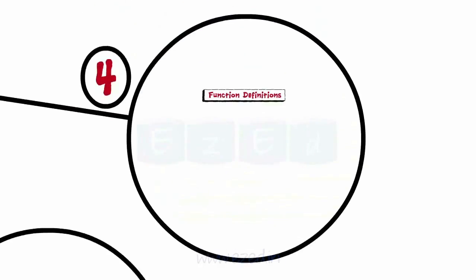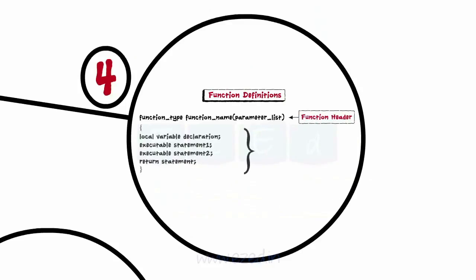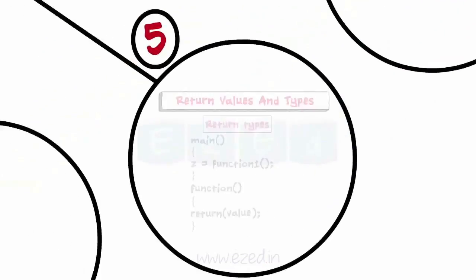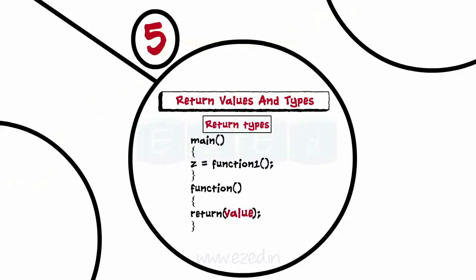A user-defined function consists of a function header and the function body. The header consists of the return type, name, and the argument list, while the body consists of local variable declaration, execution statements, and return statement. The type of function is determined by the value it returns to the calling function.